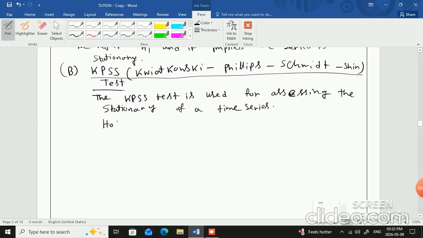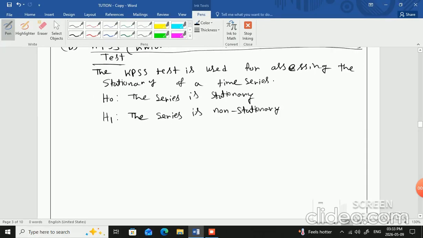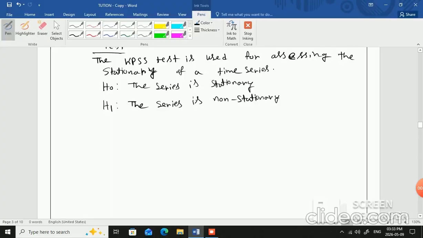Here also we test using hypotheses. So two hypotheses are needed, H0 and H1. H0 is the series is stationary, and the alternative is the series is non-stationary. If p-value is less than 0.05, reject the null hypothesis.